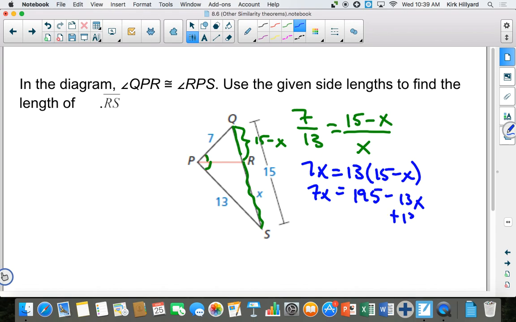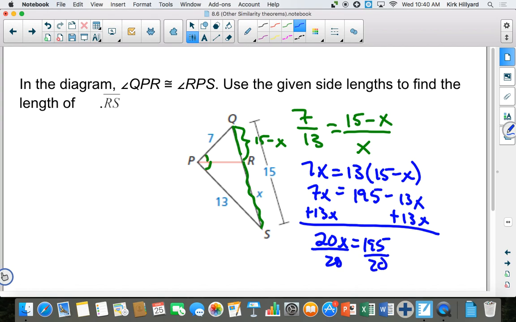We add 13x over, and we get 20x is equal to 195. We divide by 20, and 195 divided by 20 is 9.75. So x equals 9.75.